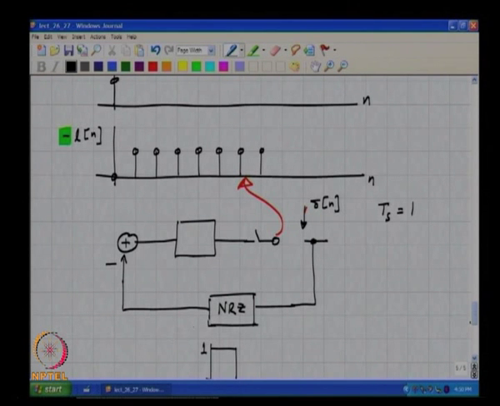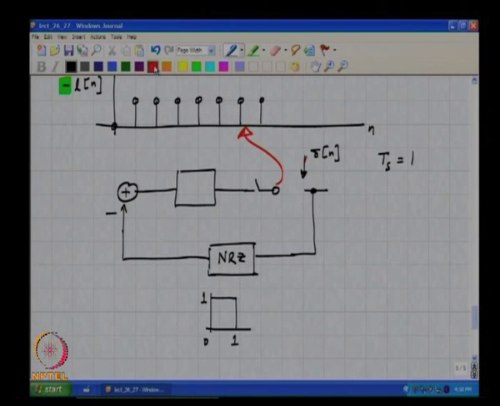At the output of the DAC, what will that result in? It will result in a single rectangular pulse, it will result in this pulse basically, correct?